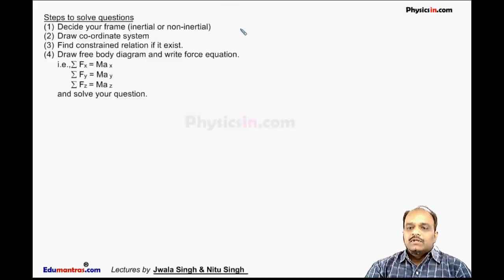Now, before entering the question section of laws of motion, we have to discuss the steps involved in solving problems in laws of motion. The first step is to decide your frame. As we have seen in kinematics, we have to decide whether the frame is at rest or in motion.